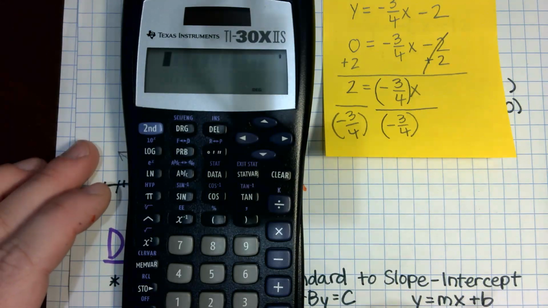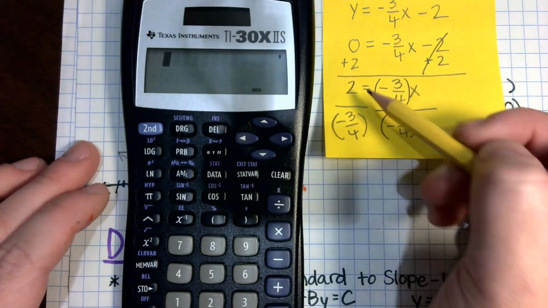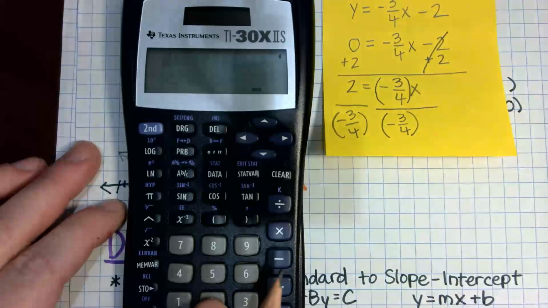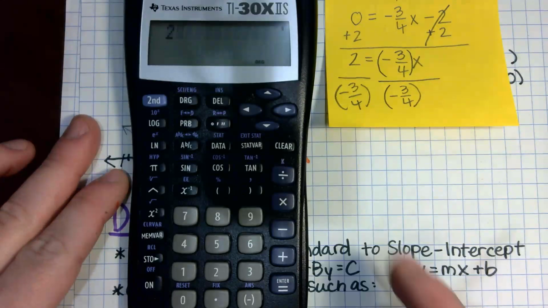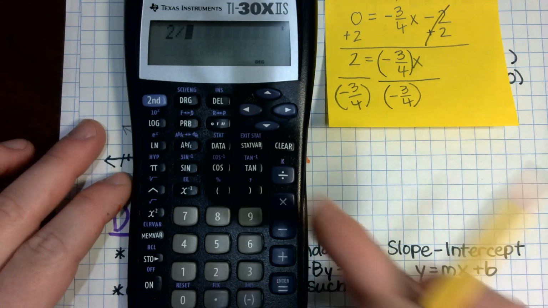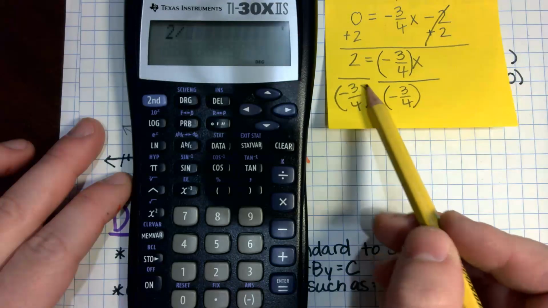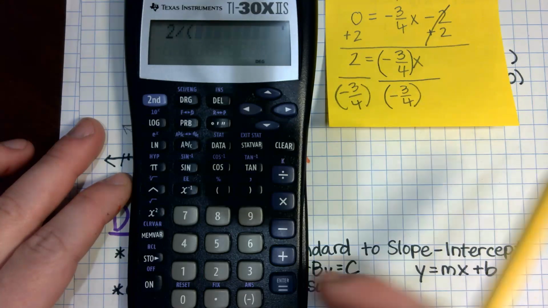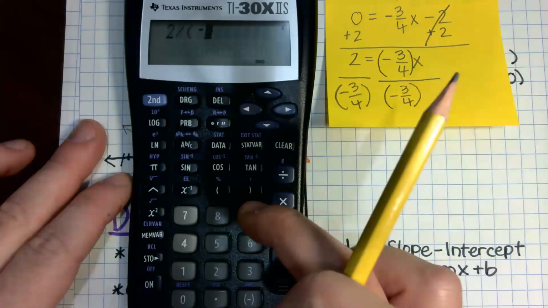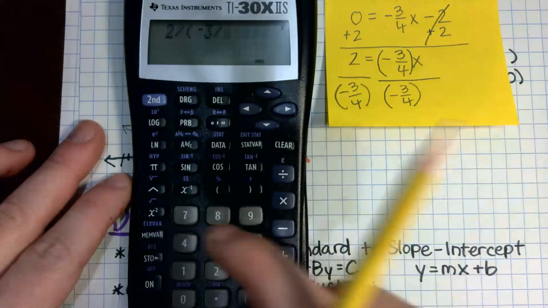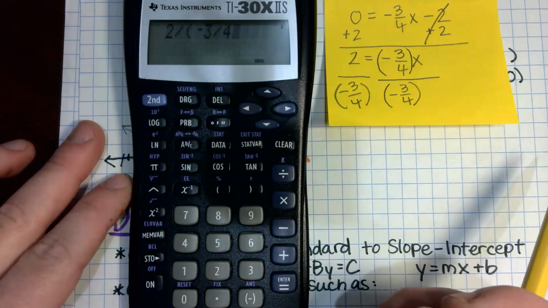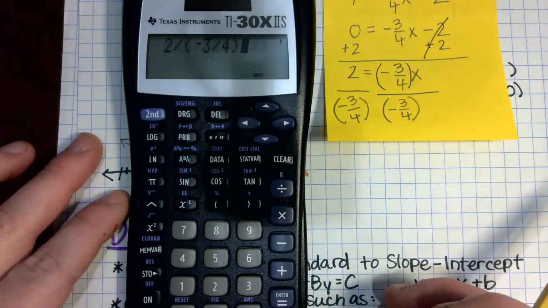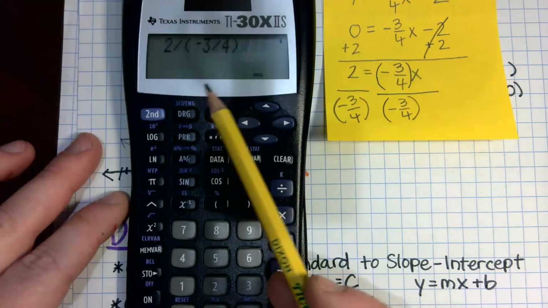So first, I know we're going to be doing 2 divided by negative 3 over 4. So I would type in 2 divided by, and then I would put it in parentheses, just like I did here. I'd put parenthesis, negative 3 divided by 4, because that's the same thing as 3/4. Close the parentheses. So does everybody see what I did here so far?